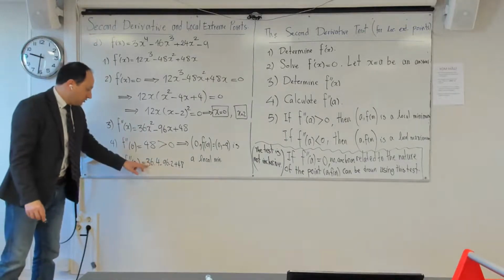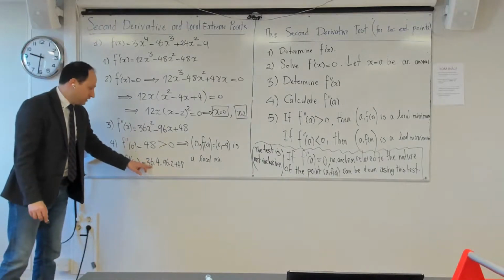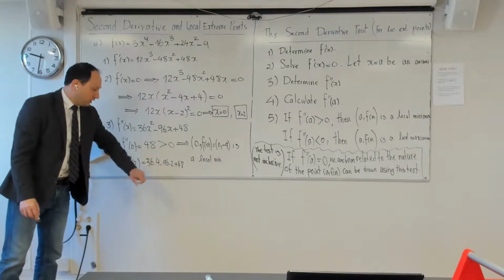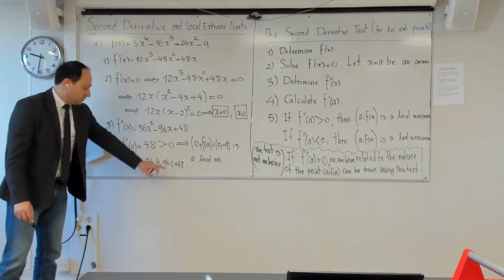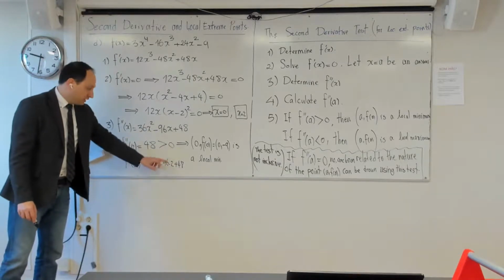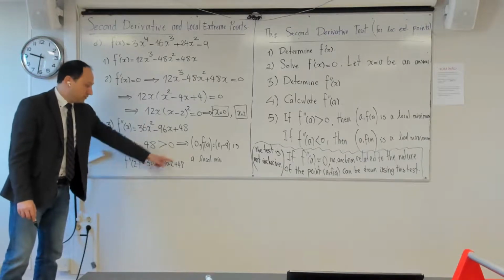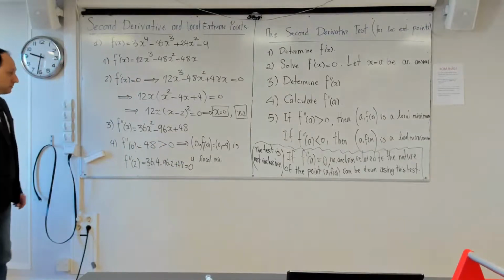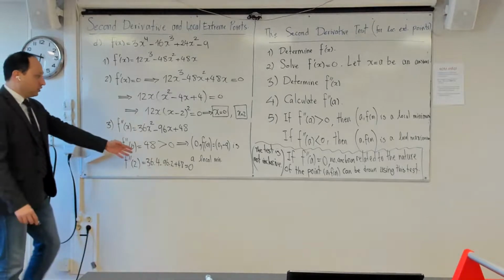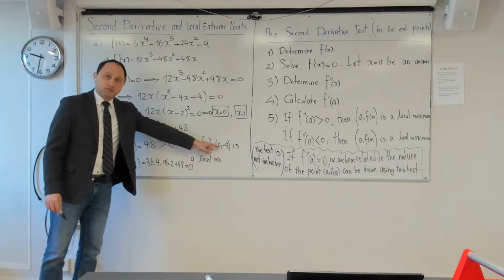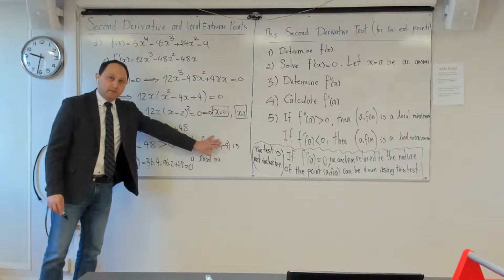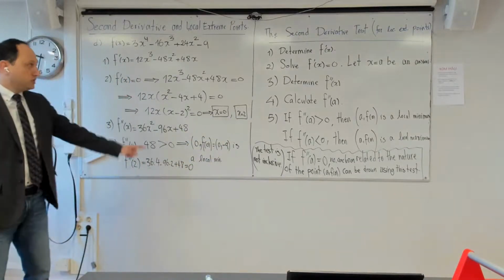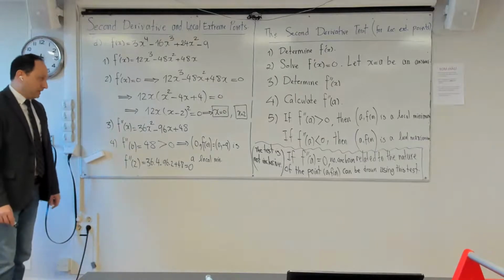So 4 times 36 is 144, and 2 times 96 is 192, minus 192. So you see, unfortunately, this becomes 0. Okay? When it becomes 0, this is good. It was completely correct. But for this one, I cannot draw any conclusions using the second derivative test.